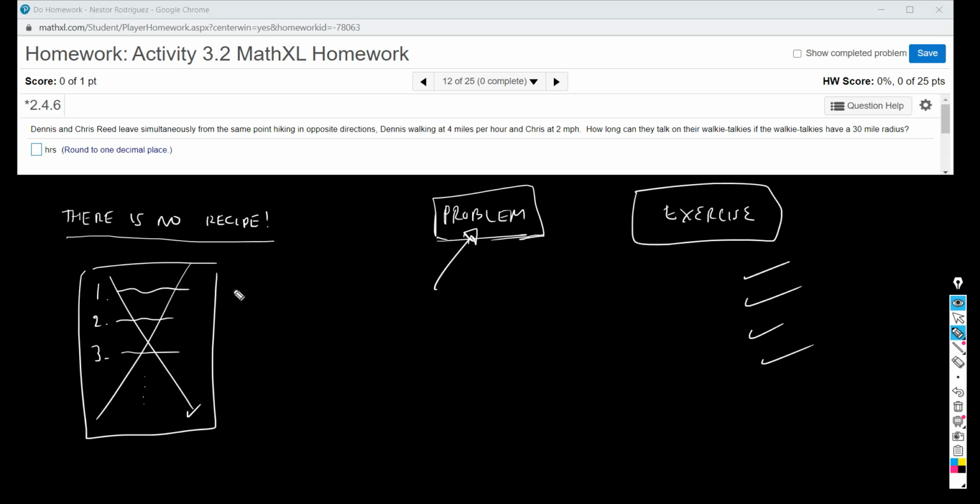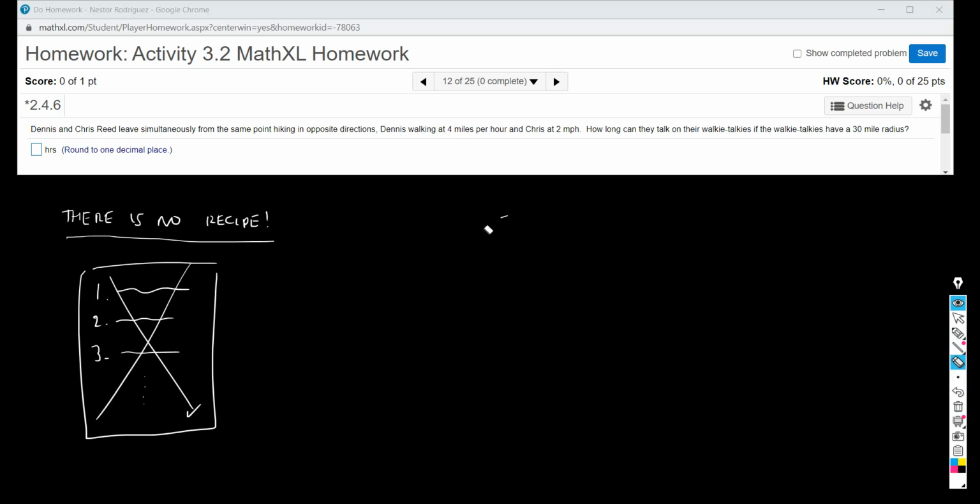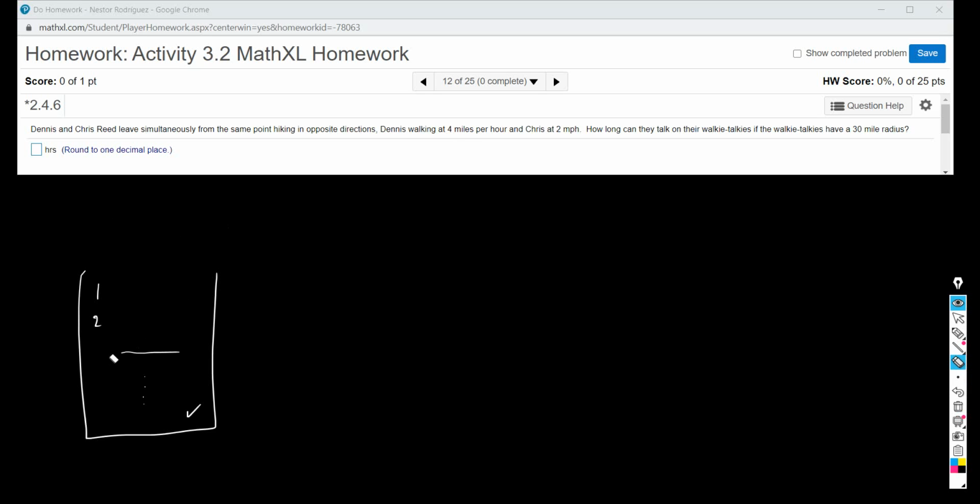So there is no recipe. Sometimes you have to read the problem several times in order to understand it. You have to try it. You have to just give it a shot. You have to try and try and try. You have to try different methods, different ideas. You have to be resilient.